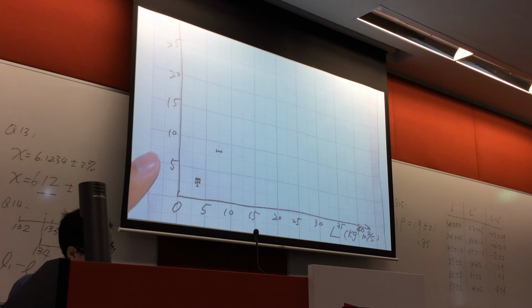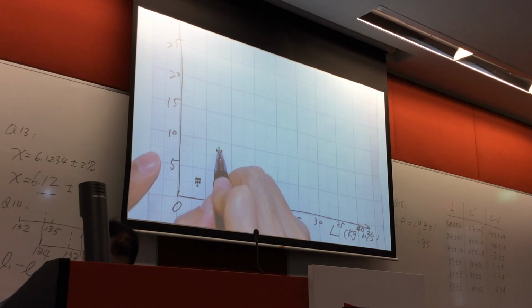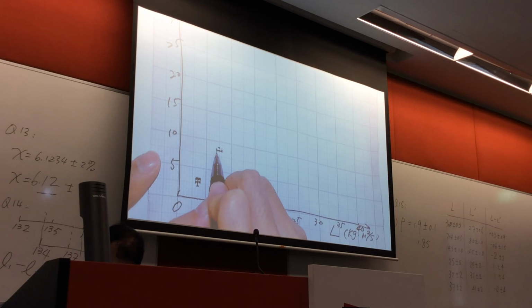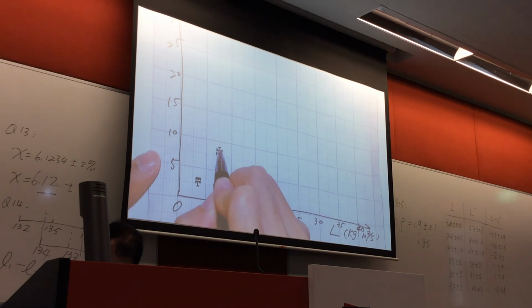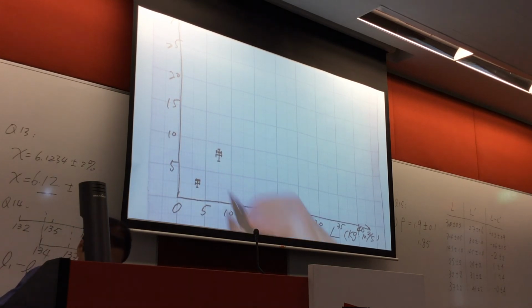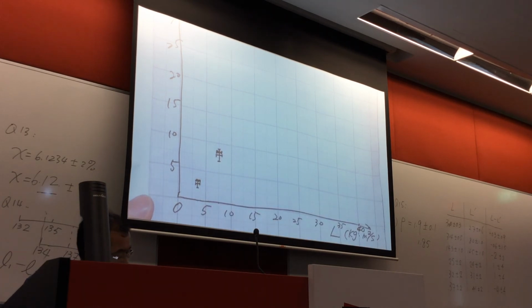And 8.0 plus minus 1, then it will be from 9 to 7. Sorry, again it's wrong. So 8 will be 9 to 7, here. Again, you need to remove this one if it's wrong. Okay, this is the second point.